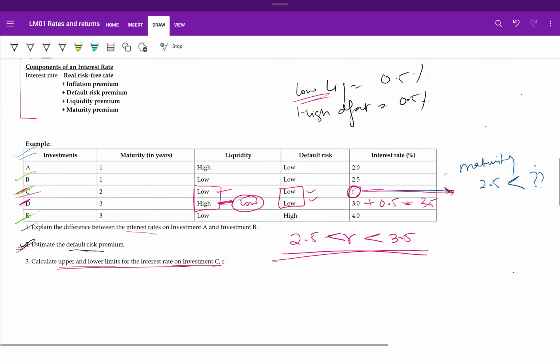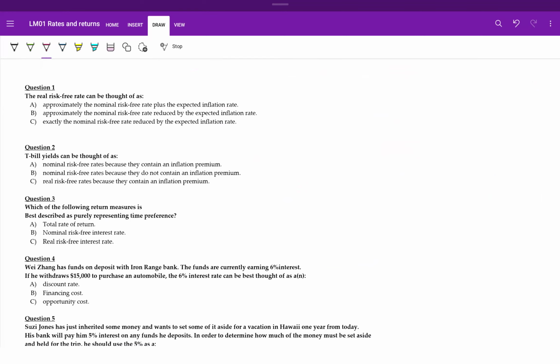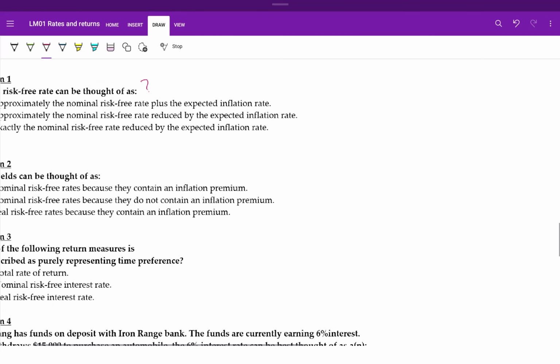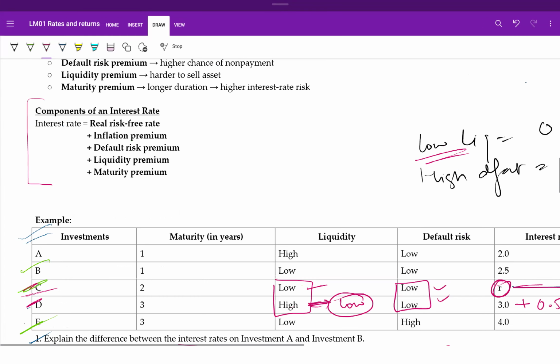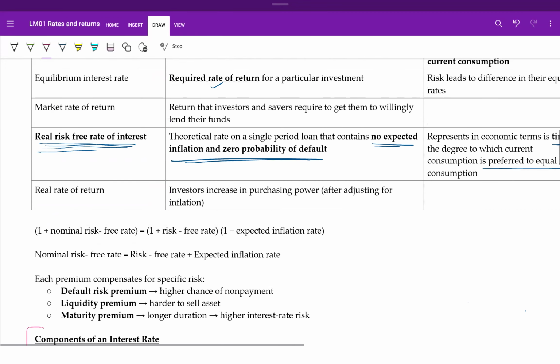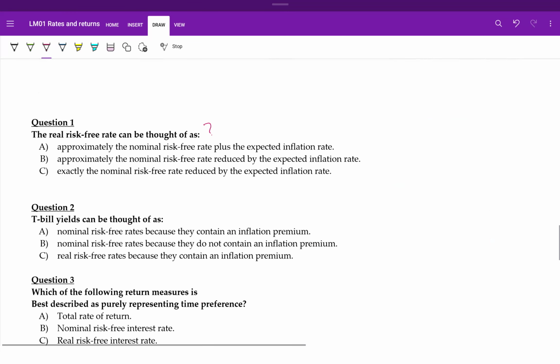So, okay, let's do some questions. Question number one is about the real risk-free rate. What do you think of real risk-free rate? Real risk-free rate is something that does not consider inflation.